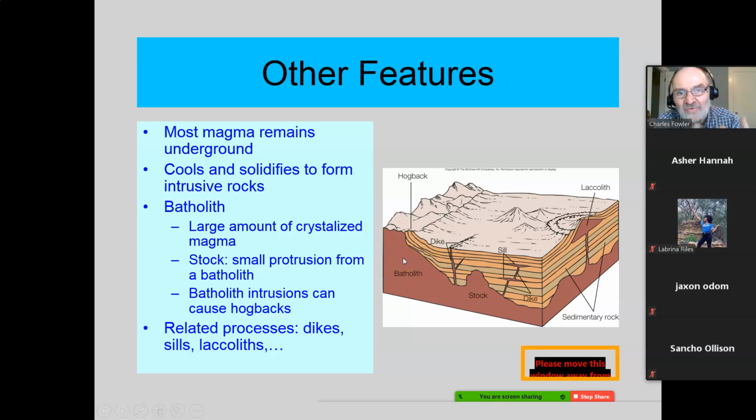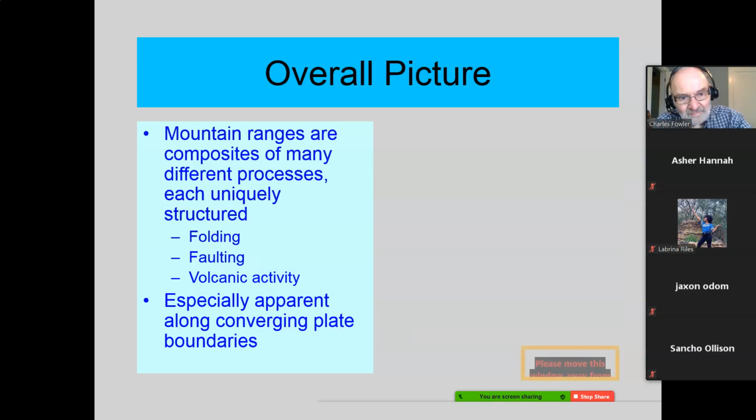Okay, those are some of the other features you will find in certain areas of the country. Not so much around here. But these were layers of sedimentary rock that have been interrupted, messed with by the magma intrusions, and these were all different types of magma intrusions.